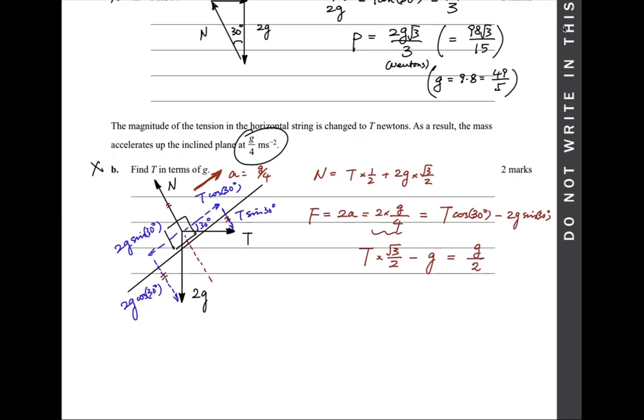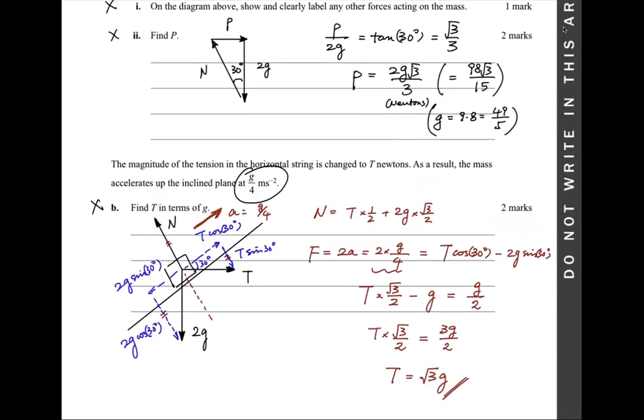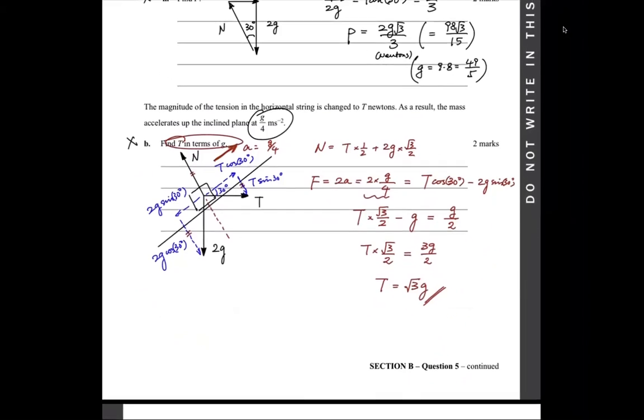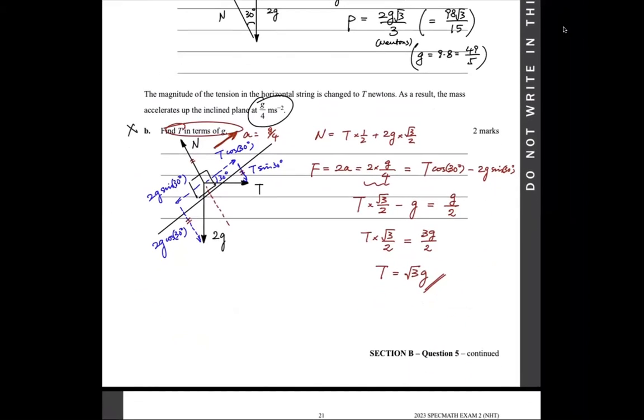Half g comes from 2 times g over 4. So basically, T times root 3 over 2 equals 3g over 2. Okay, so T equals root 3 g. Find T in terms of g.